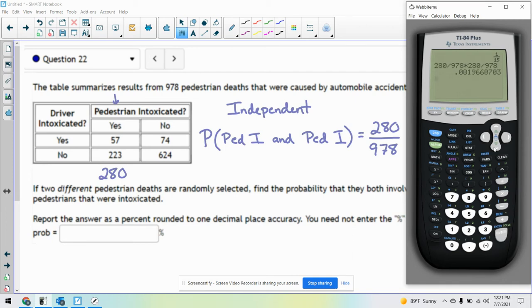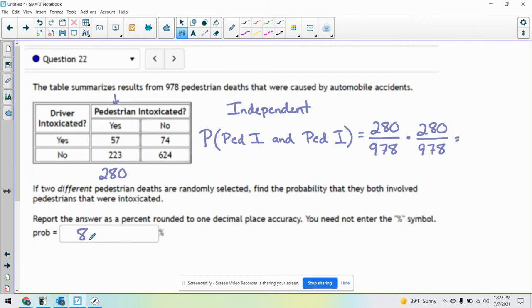We get 0.0819. For a percentage, move that decimal place 2 places to the right, and with 1 decimal place accuracy it would be 8.19, or 8.2%.